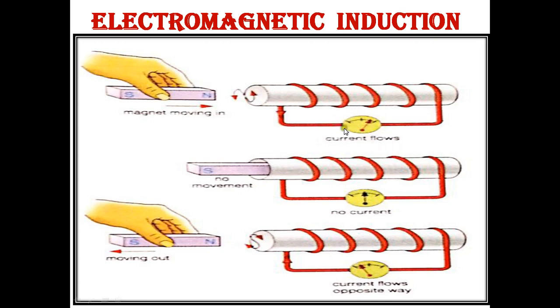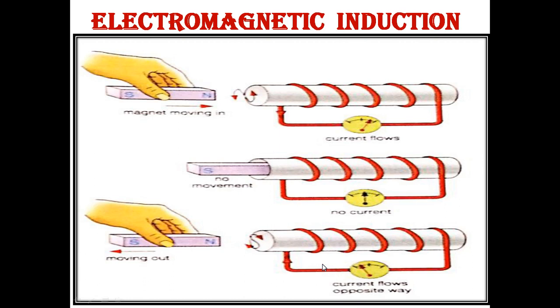Here there is no movement in the magnet, and in the third diagram, when the magnet is going out, away from the coil, you can see the galvanometer is indicating the current in the opposite way.